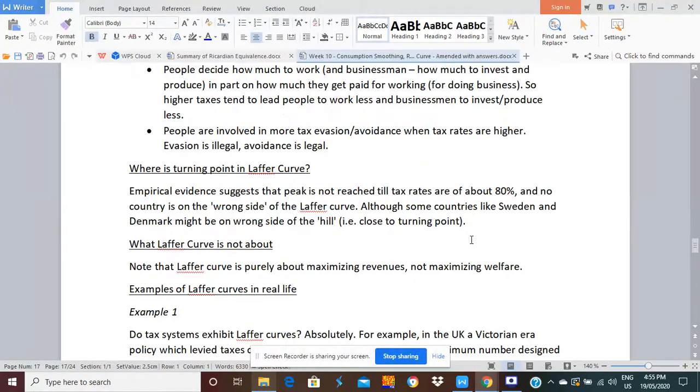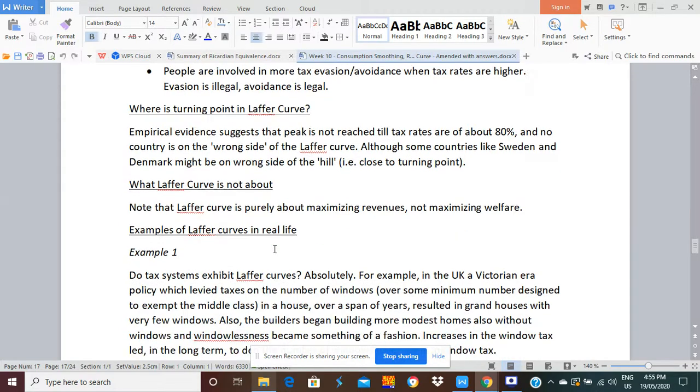So in other words, Sweden will not be on the wrong side of the curve, the downward slope, but they may be close to the point. And whatever government does, the people will adjust to it and will behave accordingly. So they have very powerful incentives, not only regarding the amount of work, where higher tax means a smaller amount of work, but also in all other respects.